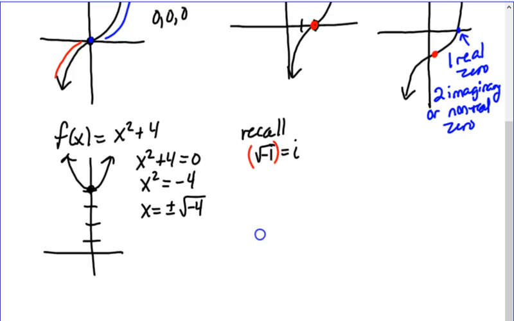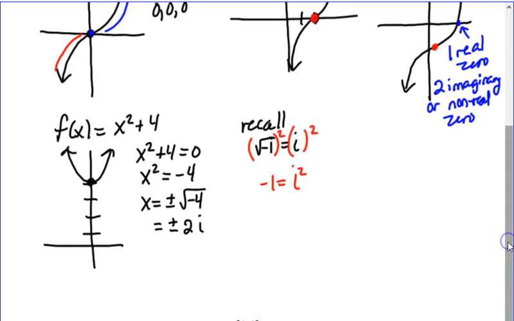Since that is true, if we square both sides, then negative 1 equals i squared. So when we see the square root of negative 4, it's the same as the square root of 4 times i, or plus or minus 2i. So that means its zeros are both imaginary.